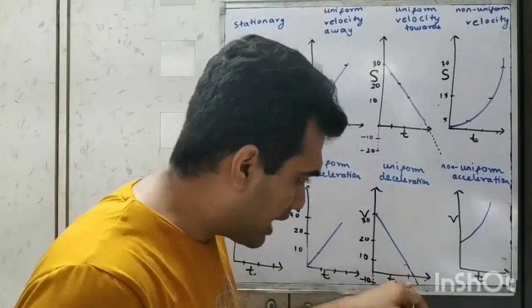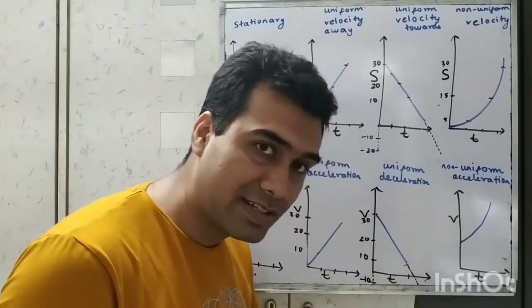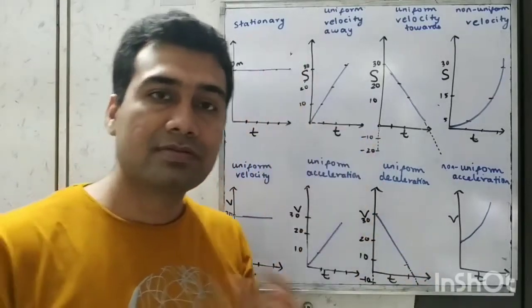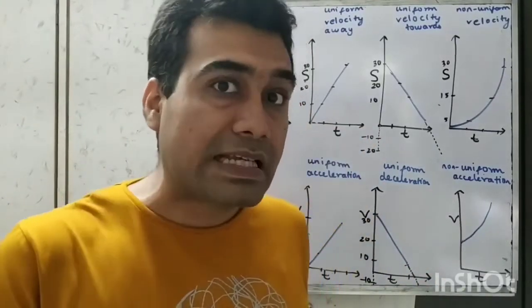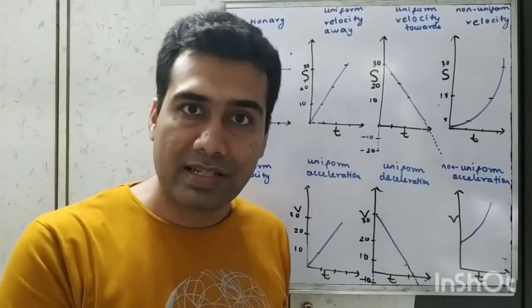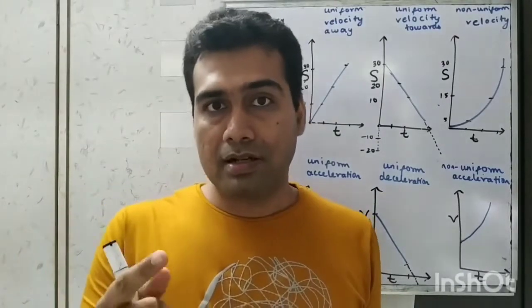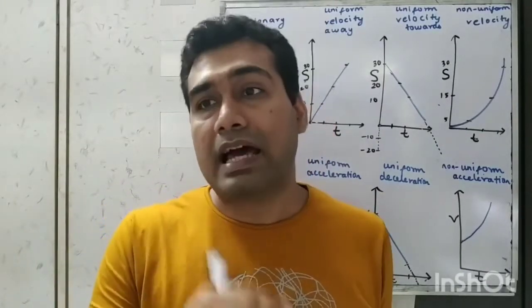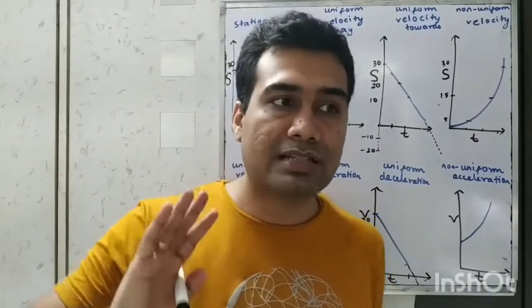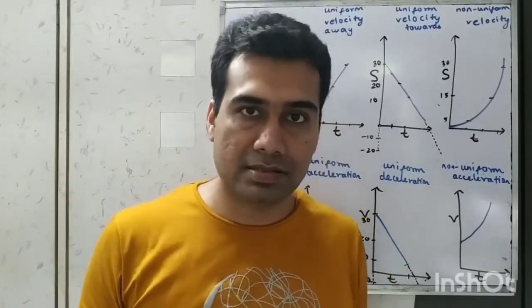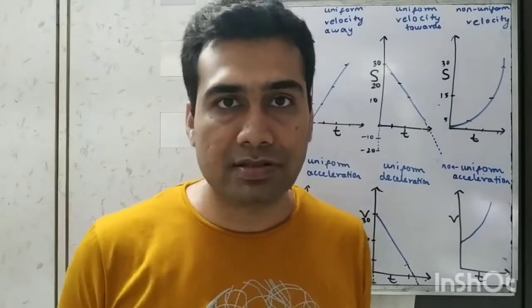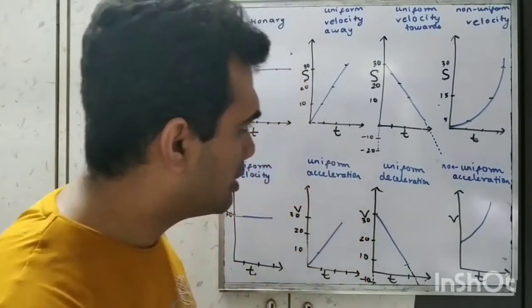In fact, if you notice, as it goes down, its velocity is actually increasing: minus 10, then minus 20, then minus 30. What is the meaning of the minus sign? It simply means the direction is opposite to the initial direction. That's all it means, as far as velocity is concerned. And as far as displacement is concerned, again, the direction has changed.